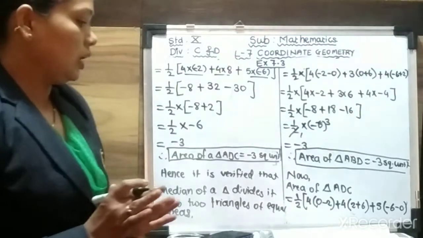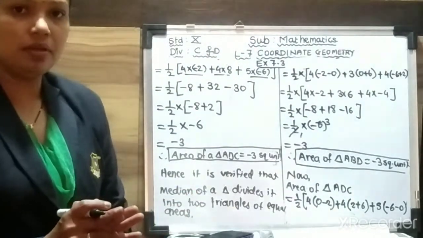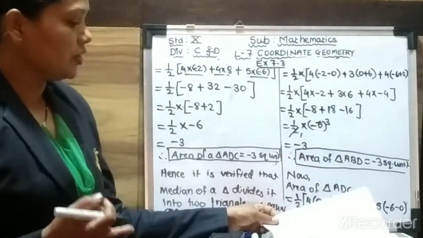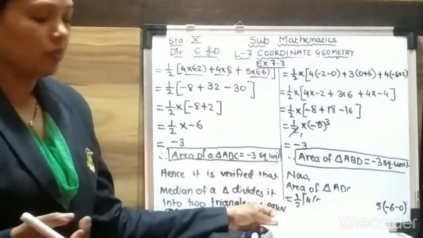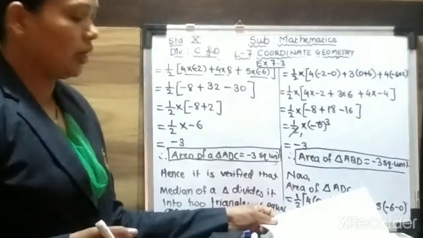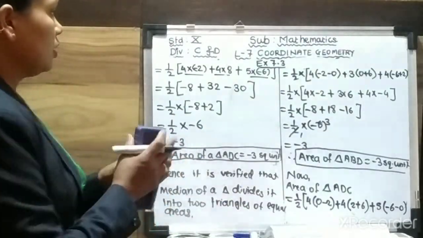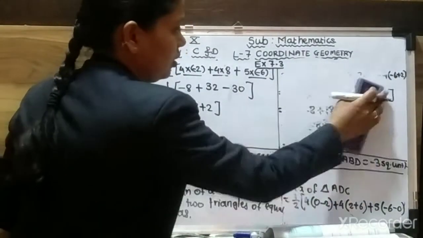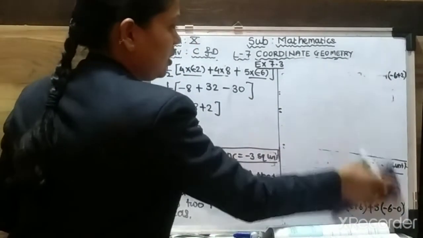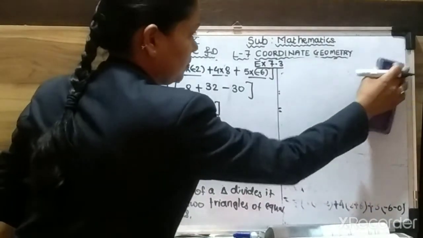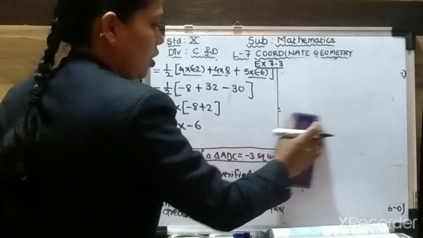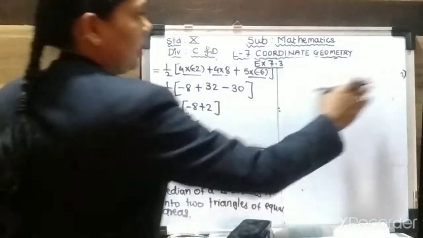Now the lesson is over, right? In the whole lesson we have seen, first of all, the distance formula. How to find the distance formula, that we have seen, right? So let us have a quick recap of the whole lesson, what we have studied. Just learn all the formulas because they are important.